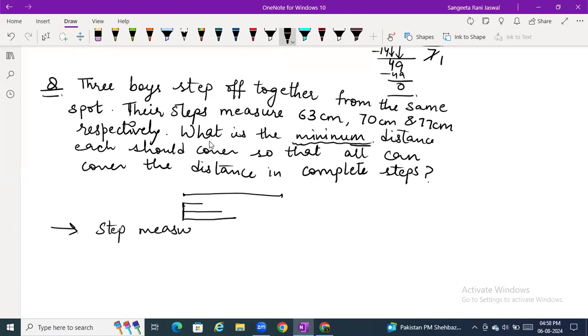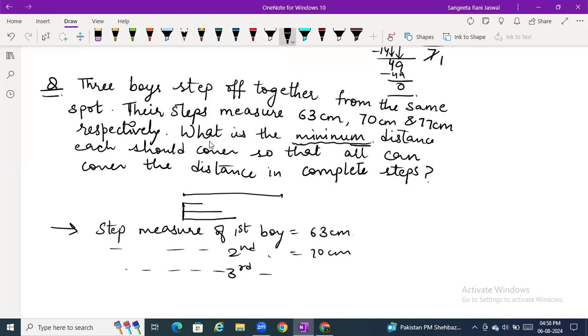You cannot just directly find the LCM and write your answer. You have to write the statement. Step measure of first boy, which is equal to 63 centimeters. Step measure of second boy, 70 centimeters. Similarly, you can write for the third boy.